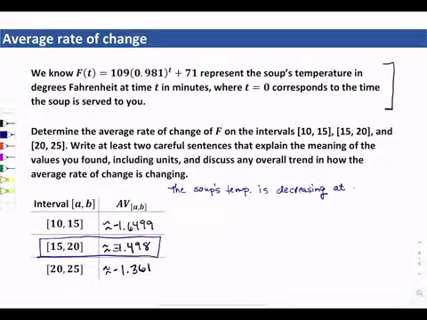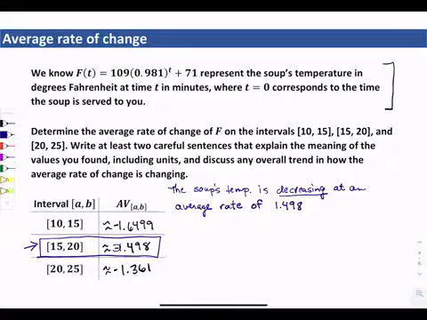We want to mention at an average rate because we're finding the change in temperature, or the rate of change over an interval. So this is an average rate. The soup's temperature is decreasing at an average rate of 1.498. I don't need the negative because I already said decreasing.